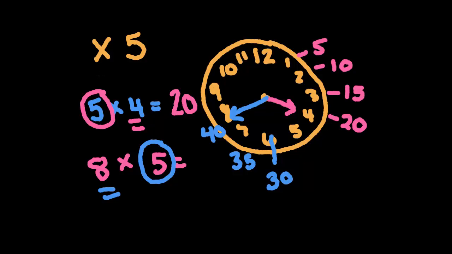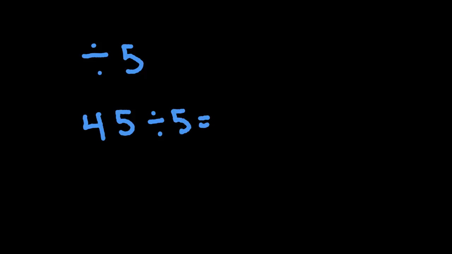So what happens when we do division? So let's take a look at that. So if we're dividing by 5, now we're doing the same thing, we're just doing it backwards. So if we have 45 divided by 5, we're using the divided by 5 rule, so the action is on the 45.